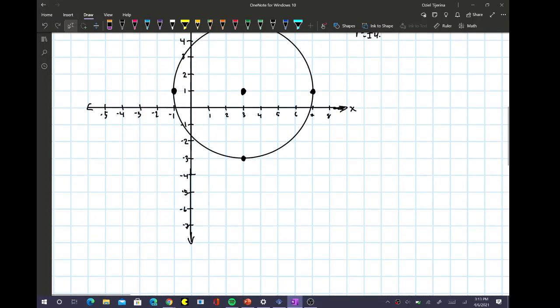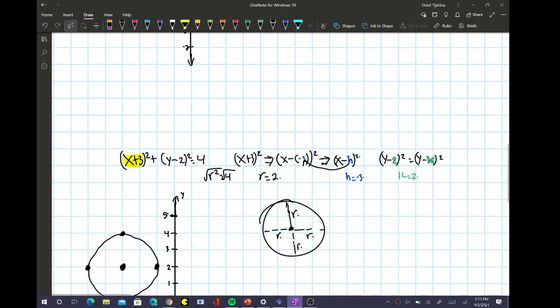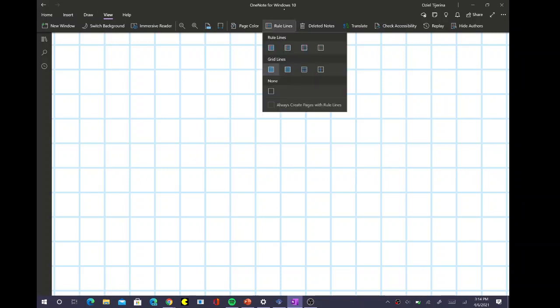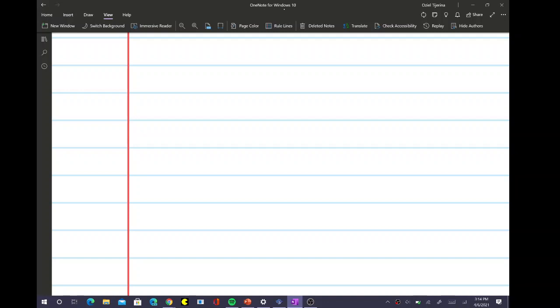That's just another example. Now I know that a lot of people struggle, and I'm not even kidding when I say this, when it comes to doing it with standard form, basically.